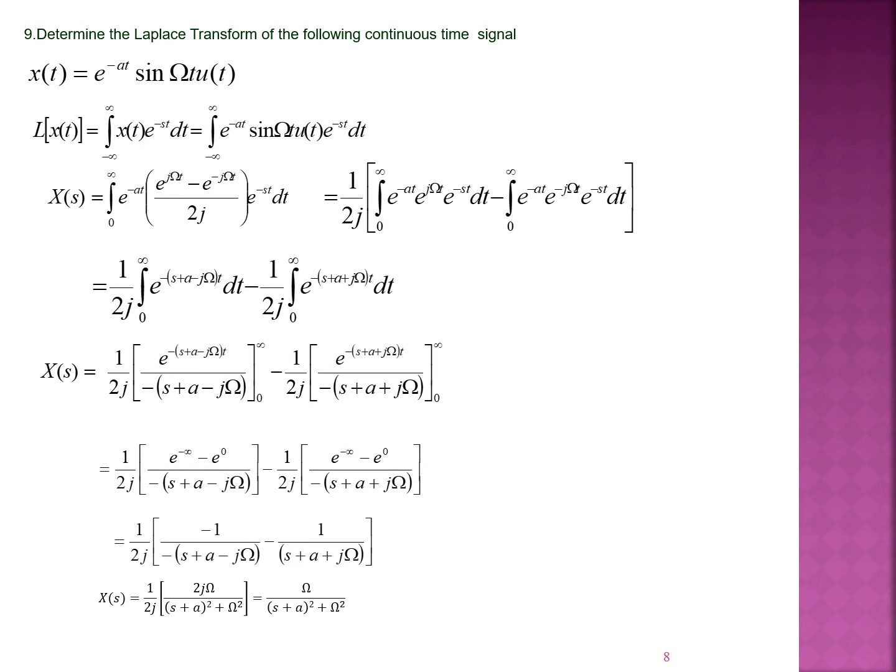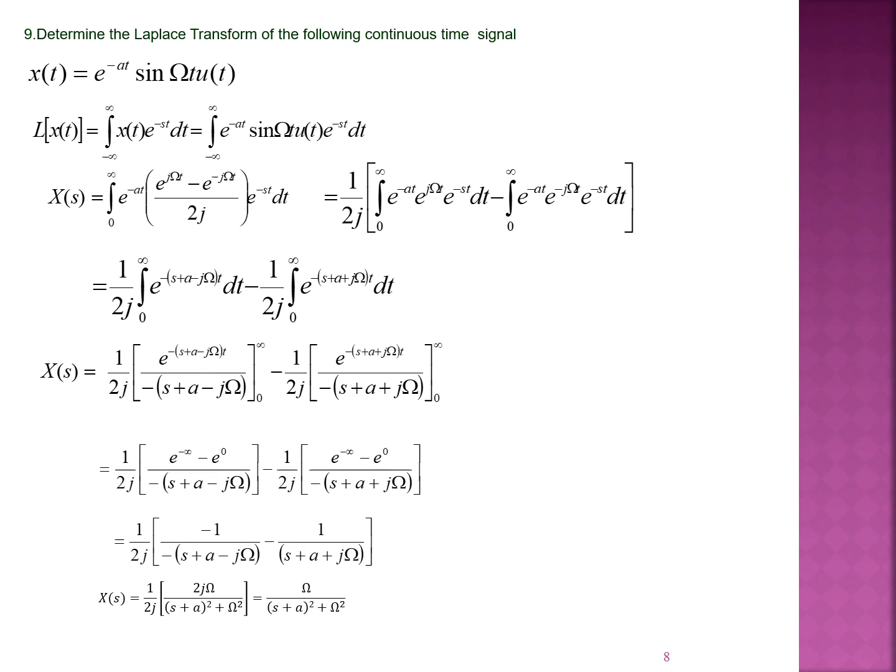Next. The next problem is to find out the Laplace transform of e power minus at into sin omega t. And you all know what is sin omega t: e power j omega t minus e power minus j omega t by 2j. Correct? Now what I am going to do is apply this. So what will I write? This is going to be 1 by 2j. This 2j I am taking out. So what I'll have is integral 0 to infinity e power minus at into e power j omega t into e power minus st into dt. That's the first term.